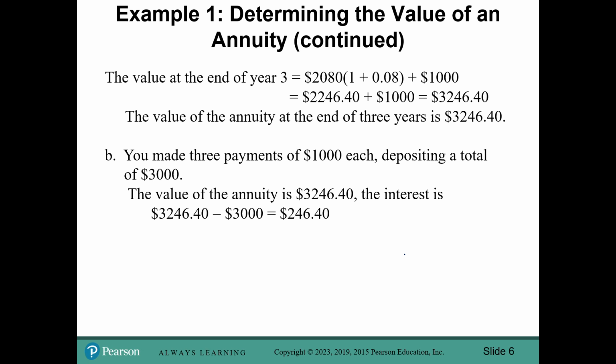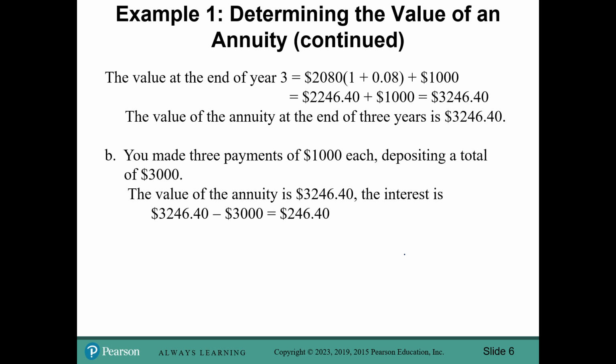So we have a total value of the annuity at the end of 3 years of $3,246.40. We made 3 payments of $1,000 each, which means we deposited a total of $3,000 of our own money, and the value of the annuity wound up after 3 years being $3,246.40.